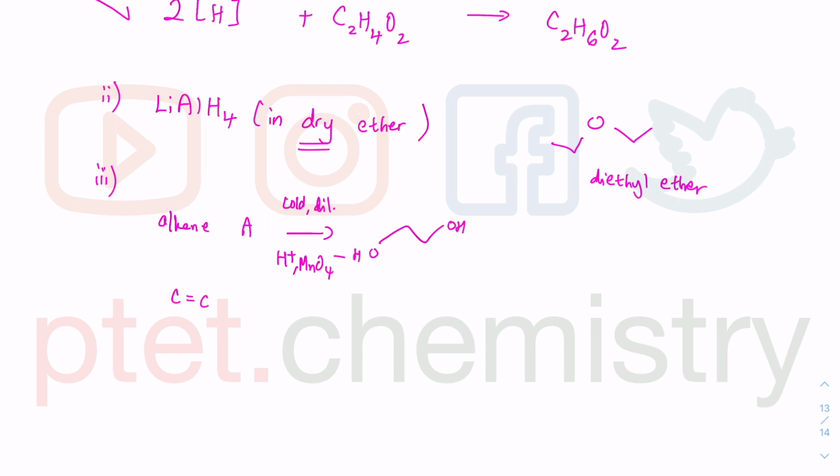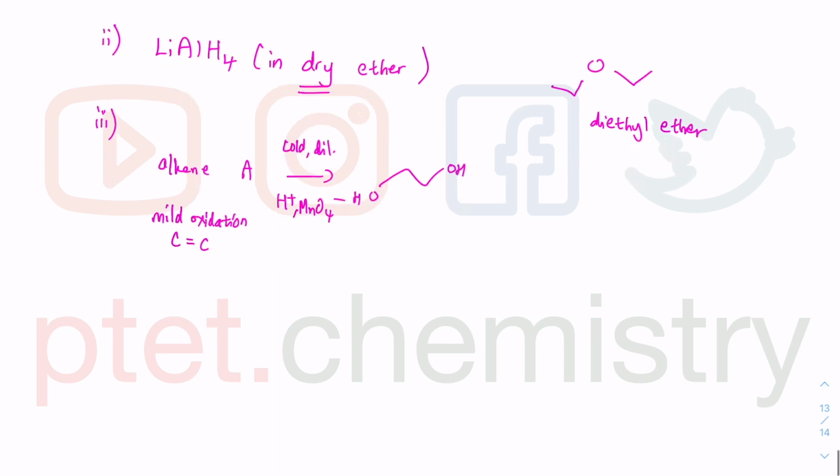So this is mild oxidation of the carbon-carbon double bond. If you see carefully, you have 2 carbon to begin with, so we can just imagine that A is CH2, where I've added OH there, because I form a diol if I use cold dilute acidified KMnO4 on this particular alkene.